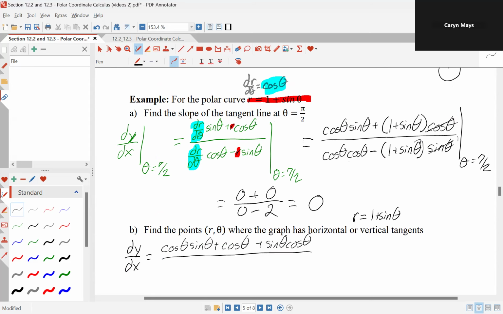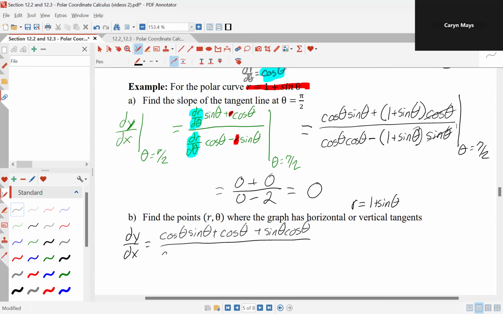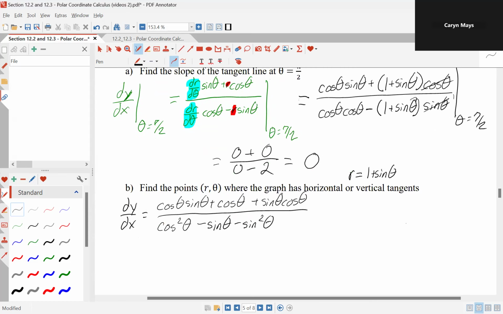And the denominator is going to be cosine squared minus sine theta minus sine squared theta. We have a cosine sine and a sine cosine in the top. I'm going to simplify that down. There are two cosine theta sine thetas.